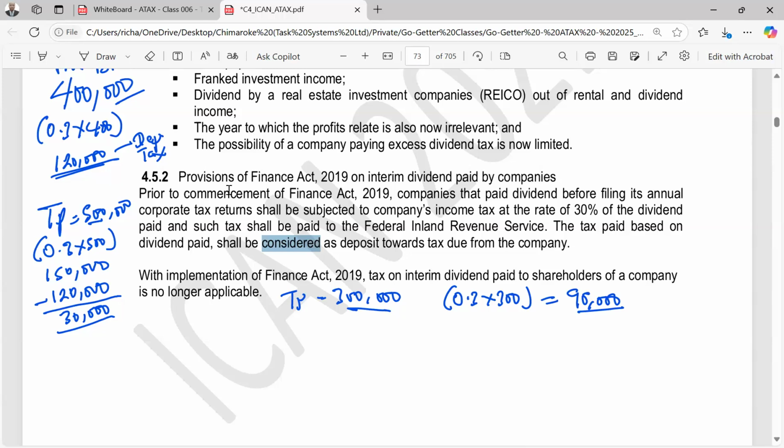That is when you are preparing your final account, they will start checking the dividend that you have issued out. Was it from profit that was exempt or not? If it's not exempt, as they are calculating, you will start calculating that one to see what you will pay. But when you are giving out dividends, you don't need to make this security deposit tax anymore. That is what they are trying to say. This deposit tax is no longer needed.